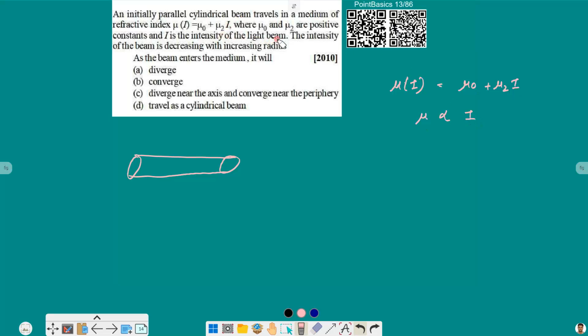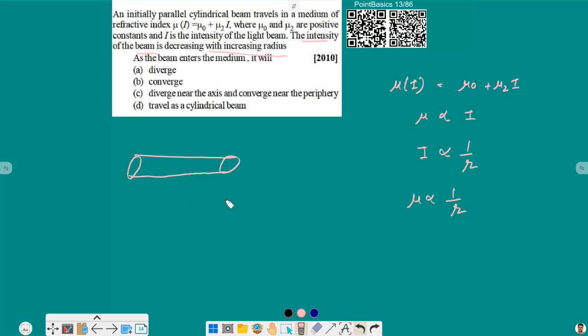And also here it is mentioned that intensity of the beam is decreasing with increasing radius. So intensity is inversely proportional to radius. So from these two we can write that refractive index is inversely proportional to R, or we can say as radius is going to increase, refractive index is going to reduce.